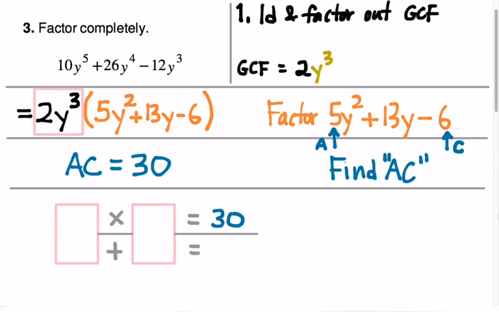So the AC method works by using that number, A times C, as your target product for the two numbers you're trying to find. Now, I'm going to slightly modify that to say that C should have been really negative 6 instead of 6. So AC would be negative 30? I would say AC would be negative 30 in this example, just to make sure that we have our signs straight and we don't have to fiddle around with them later.